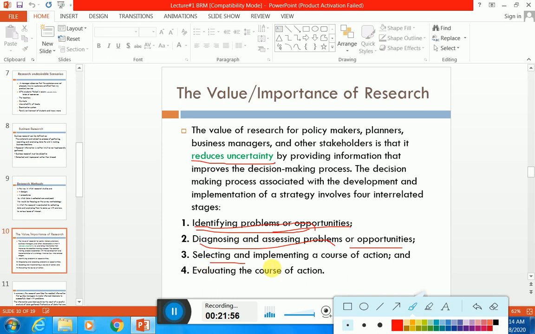And the third step is selecting and implementing a course of action. A course of action means a method, a task. The managers find the different alternatives, the different techniques. Then they evaluate the courses of action.